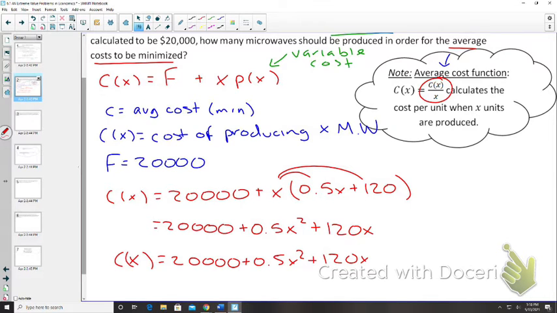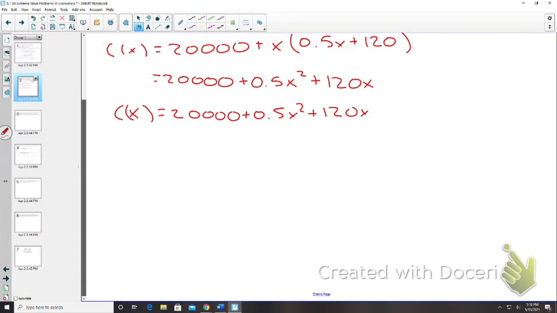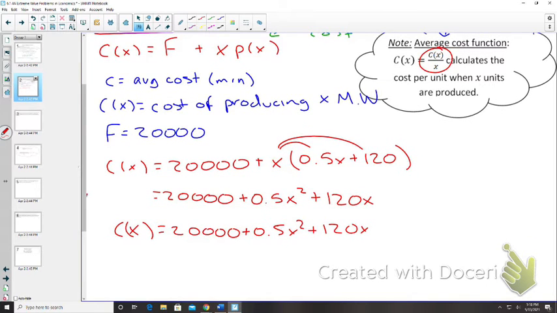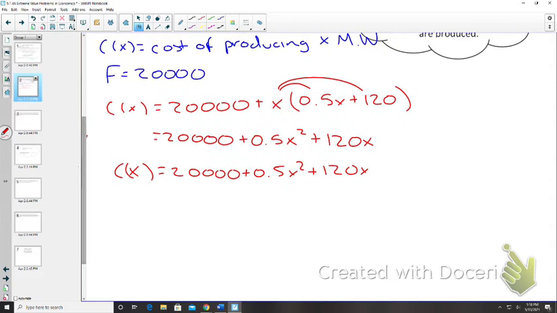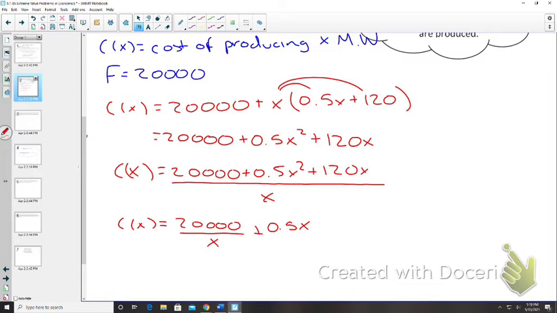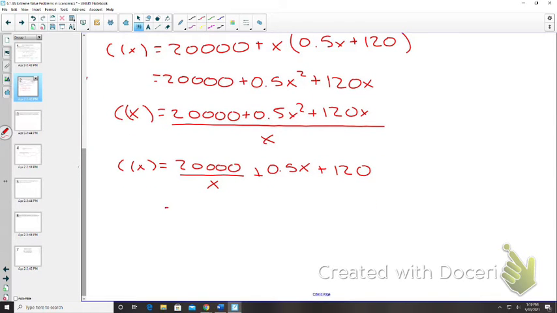If you wanted to rearrange that from highest exponent to lowest exponent, you're welcome to do that. And this is all divided by x. Let's clean this up. C of X is equal to 20,000 over X plus 0.5 x to the 1 plus 120. We can rewrite that 20,000 over X as 20,000 x to the minus 1.